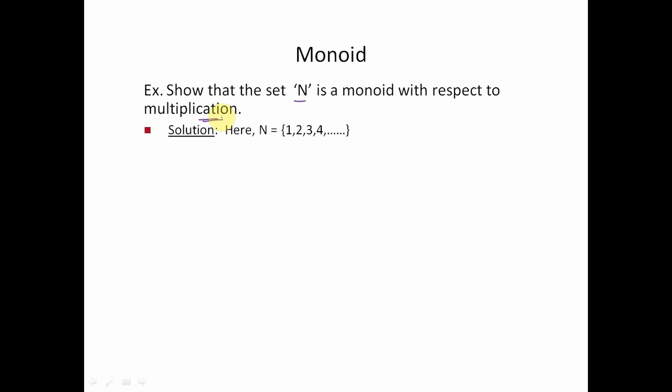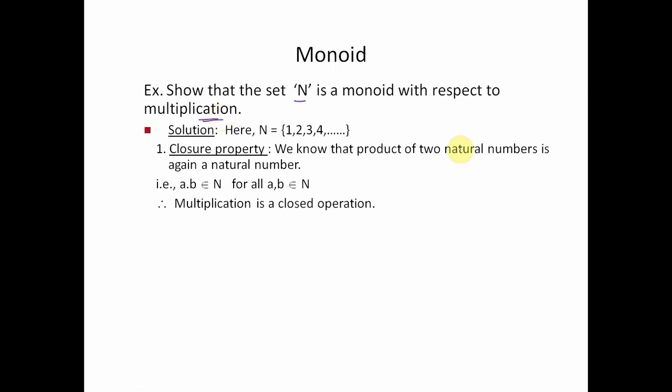Now remember, I do not know the property of this algebraic structure, but I know the property of multiplication of natural numbers. So I'll be establishing the monoid nature of this algebraic structure based on the property of multiplication on natural numbers.